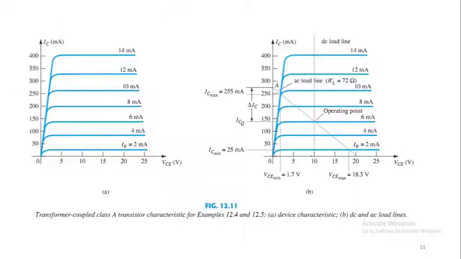So we can draw a straight line to draw this DC load line. Straight line from the point of VCE equal to VCC.